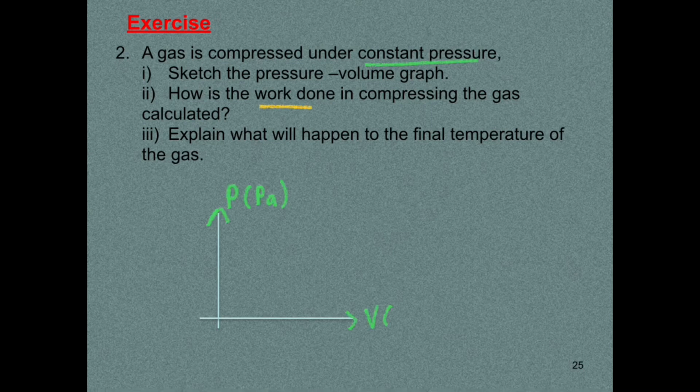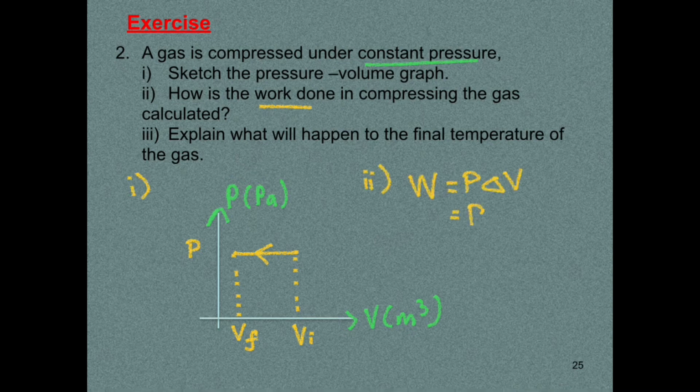So we sketch the graph of PV. Okay, so constant pressure means a horizontal line with the arrow to the left since it is compressing. Okay, number 2, W will be equal to P delta V, where delta V is VF minus VI.